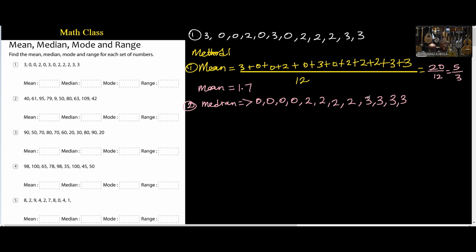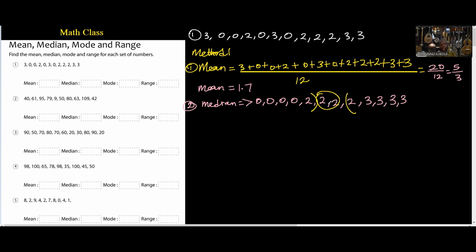So for the median, we're looking for the midpoint. So this is 12. The midpoint should be the one at the sixth, 12 over 2. But let's say 1, 2, 3, 4, 5, it's a 5 here. So there are two that fall at the middle. If it's only one that falls at the middle, that one becomes our median.